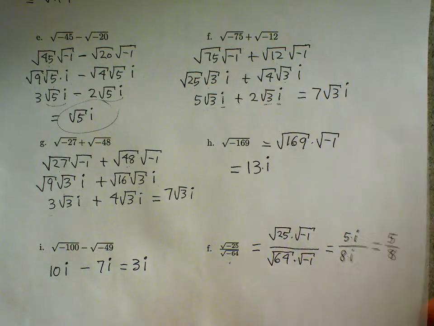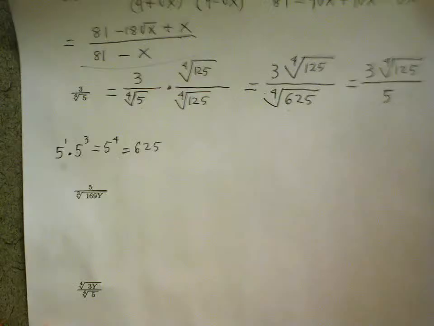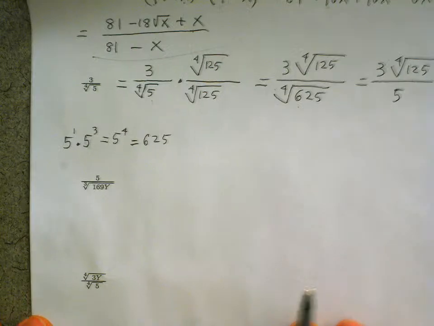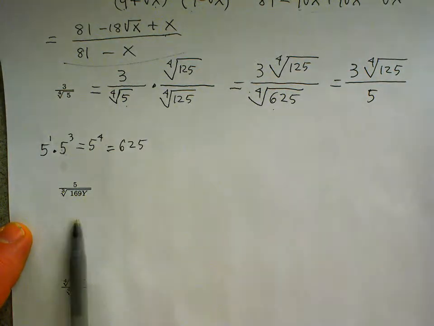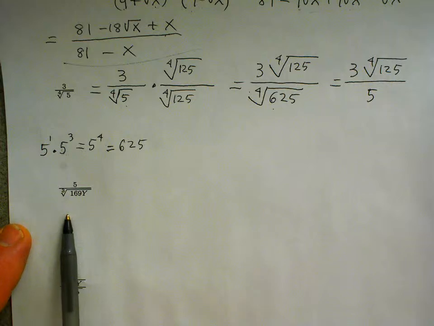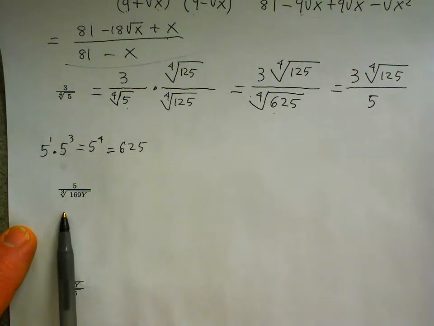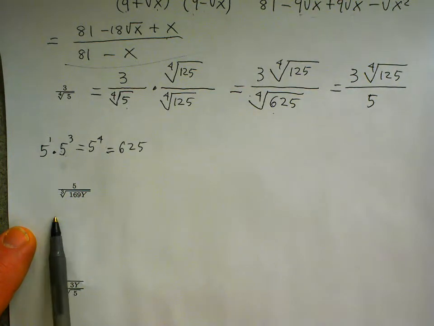Okay, well, that concludes the worksheet, but there are some other problems that we can look at. On the section 8.5 lecture notes, that's the one on division with radicals.